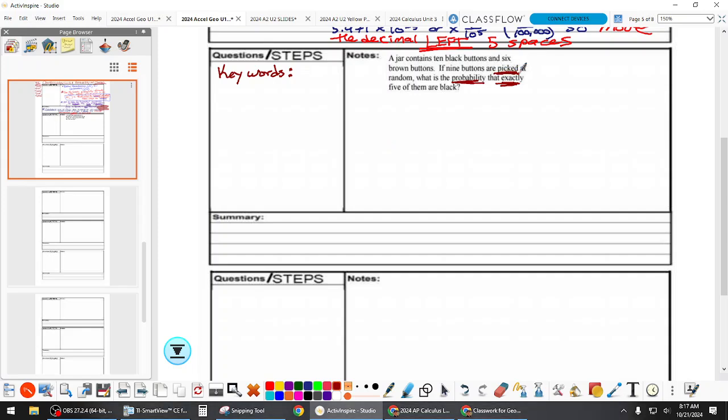So the other word is picked, okay? So picked tells us combinatorics. Okay? And then probability says use the basic equation. Okay.